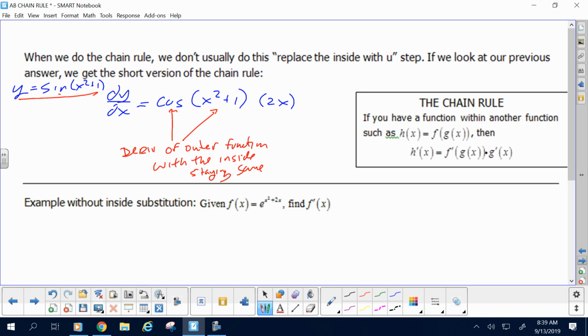I just took the derivative of the sine part, which was cosine. X squared plus 1 just stayed the same, stayed inside. You follow? But then I multiply that by, and what did 2x come from? That's the derivative of the inside.